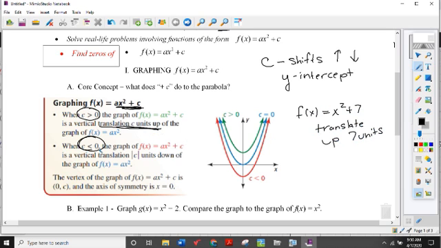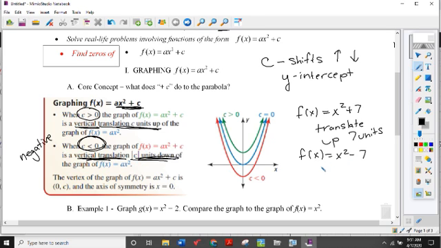When c is less than 0, which is another way of saying negative, so f of x equals x squared minus 7, it's a vertical translation. Vertical just means up and down, c units down. Now notice it doesn't say negative c, it's just the absolute value of c.